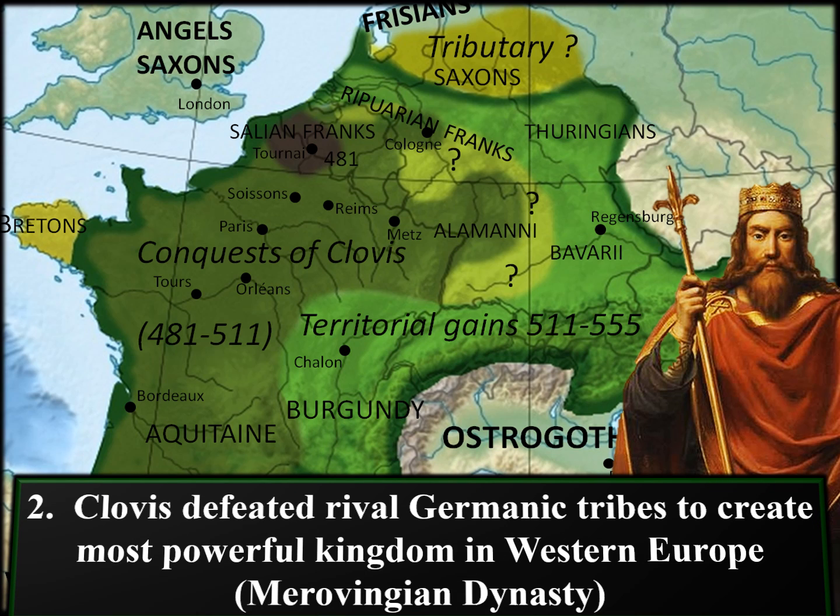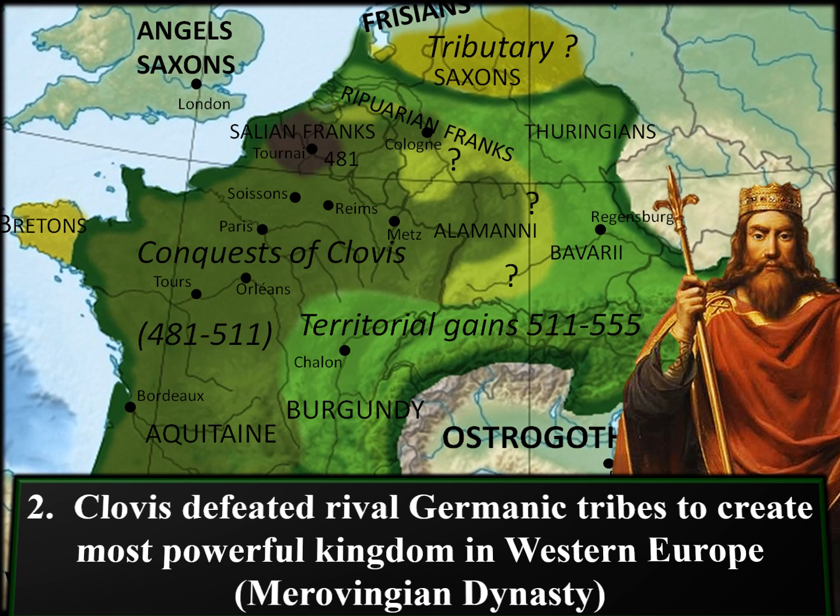After Clovis converted to Christianity and forced the rest of the Franks to convert to Christianity, he used that Christianity kind of as a means to an end, if you will. Outsider Germanic or rival Germanic tribes that lived on the outskirts of France in areas like Bavaria, which is in central Germany now, as well as to the north in modern day Belgium, who were not Christian, he used his Christianity as an excuse to attack them and take their land.